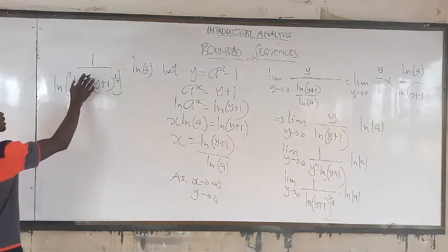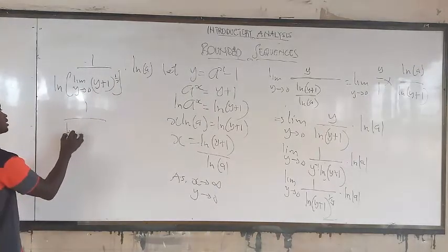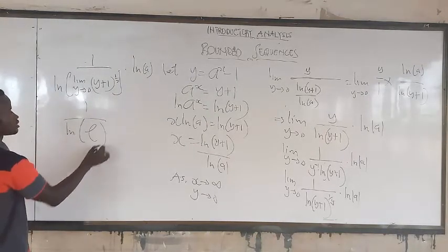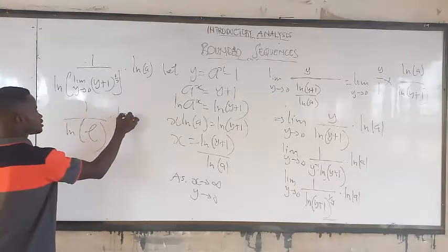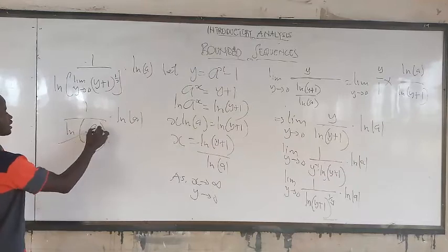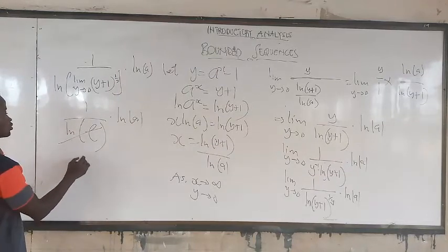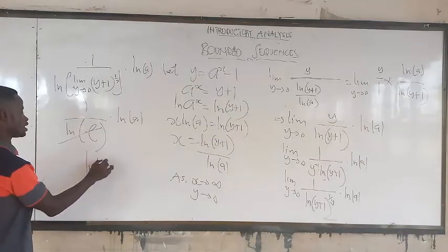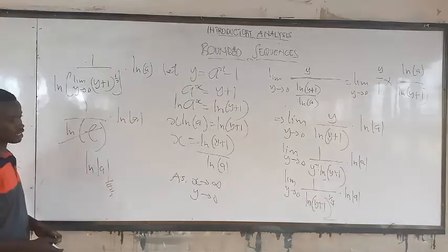So the whole of this gives e. So 1 over ln e times ln a. So finally you can see that this is 1. So we get ln a to be our final answer for this.